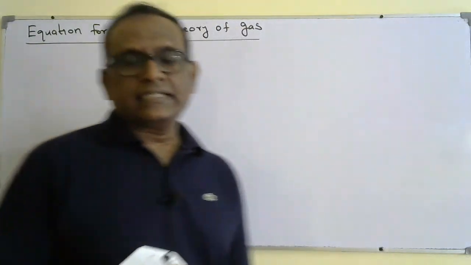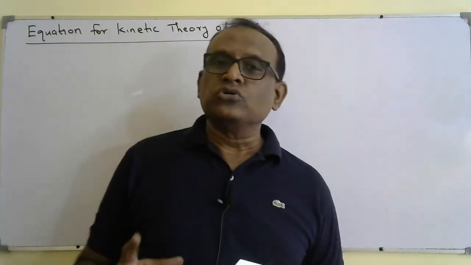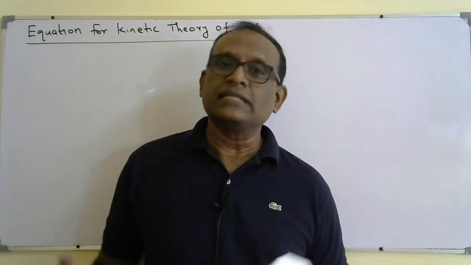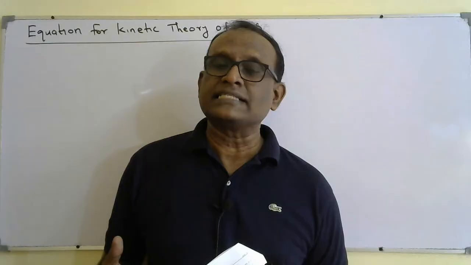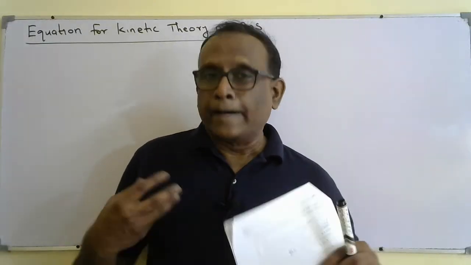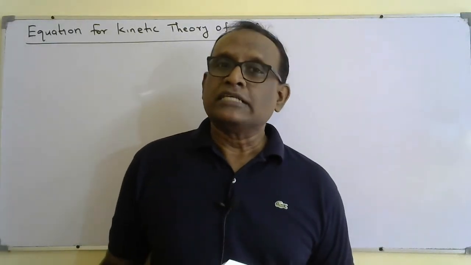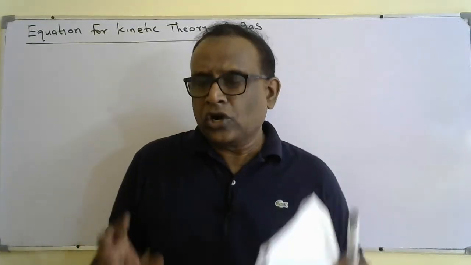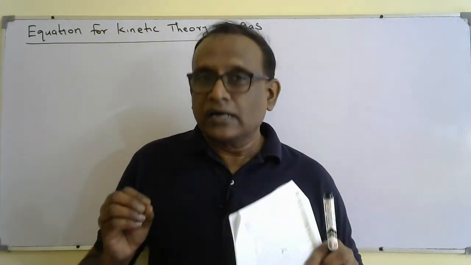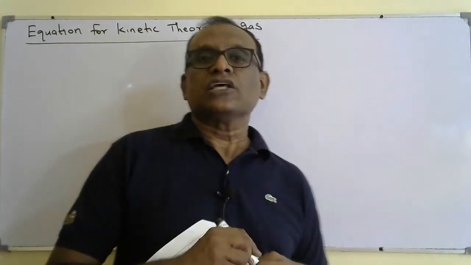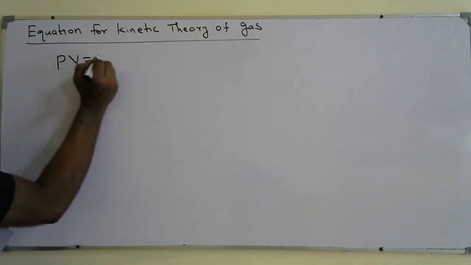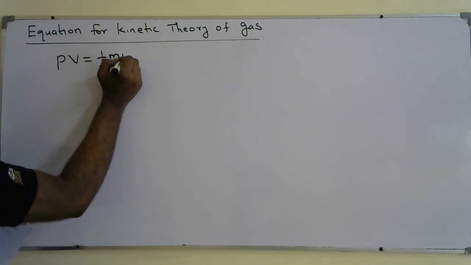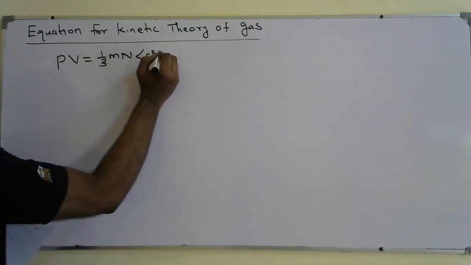The equation is derived purely by using Newtonian mechanics. Ideal gas means the particles are rigid and the collision is perfectly elastic. By using rate of change of momentum equals force and those concepts, purely by Newtonian mechanics, we can derive an equation for ideal gas, PV equals 1/3 mNc squared.